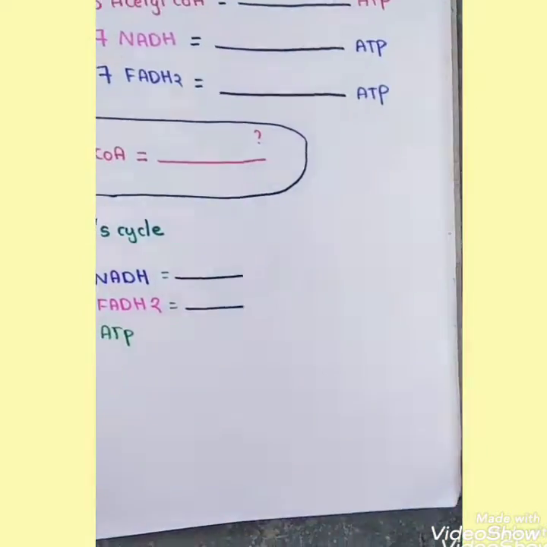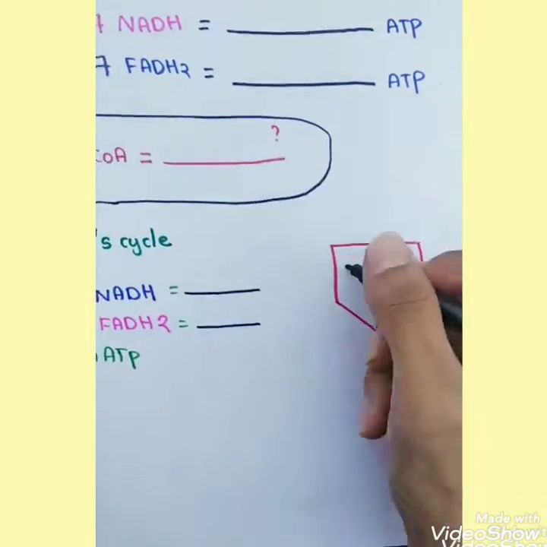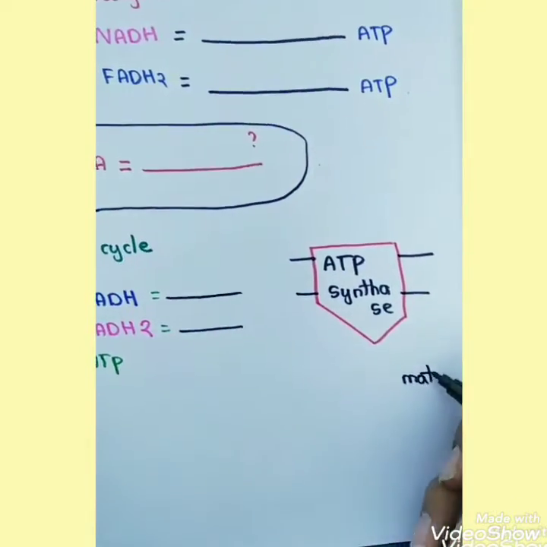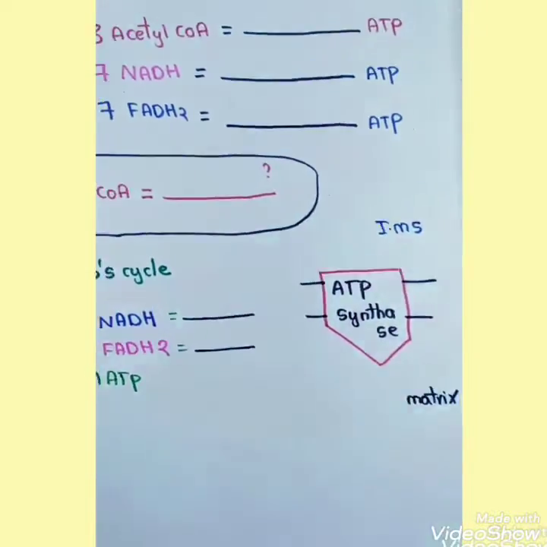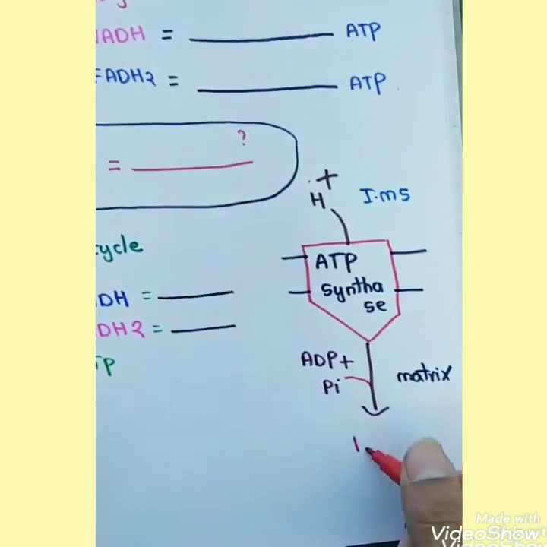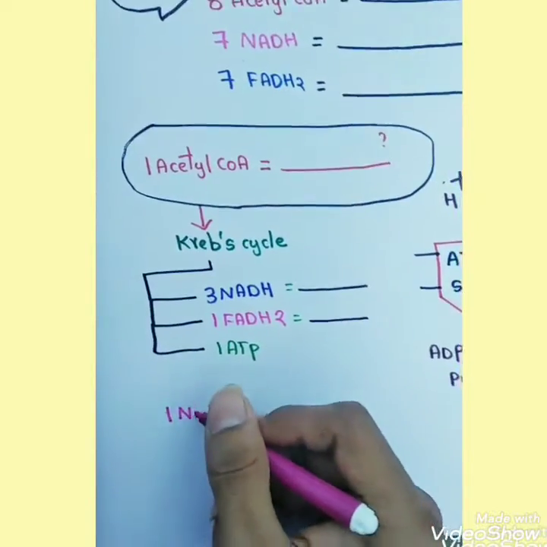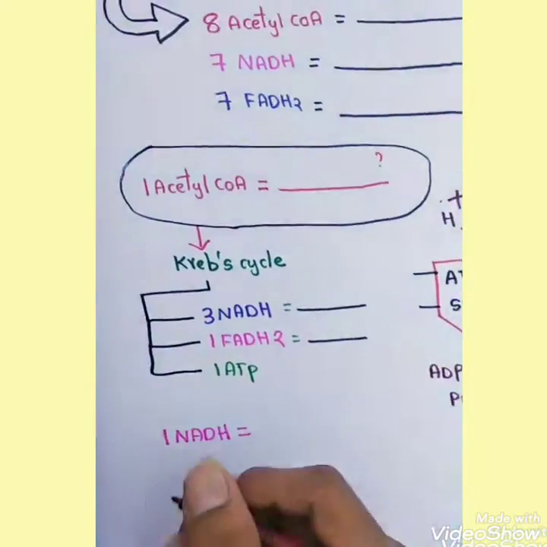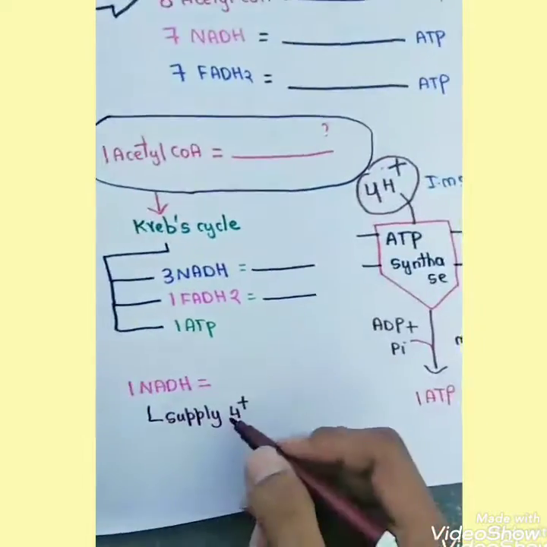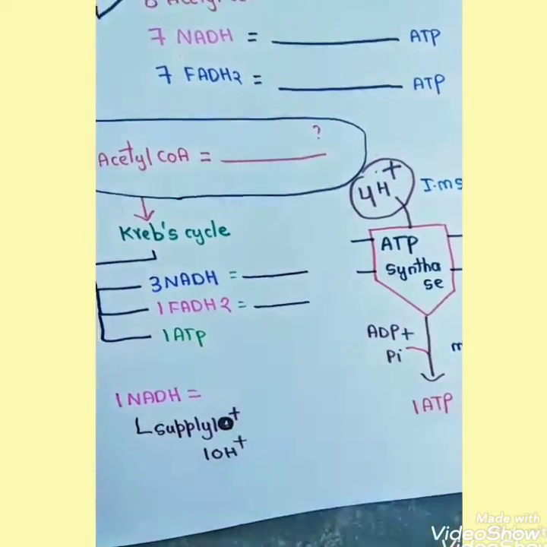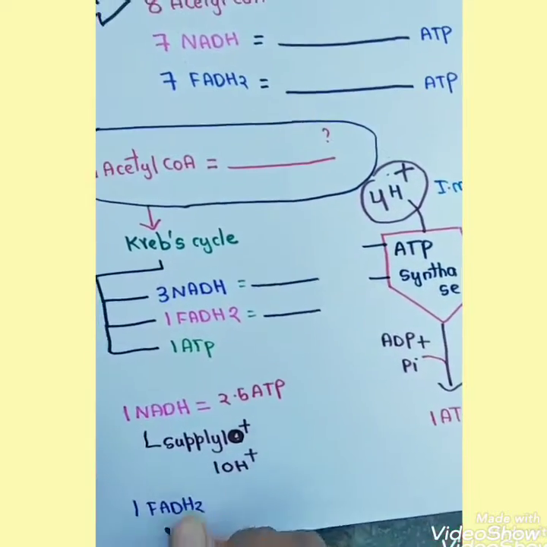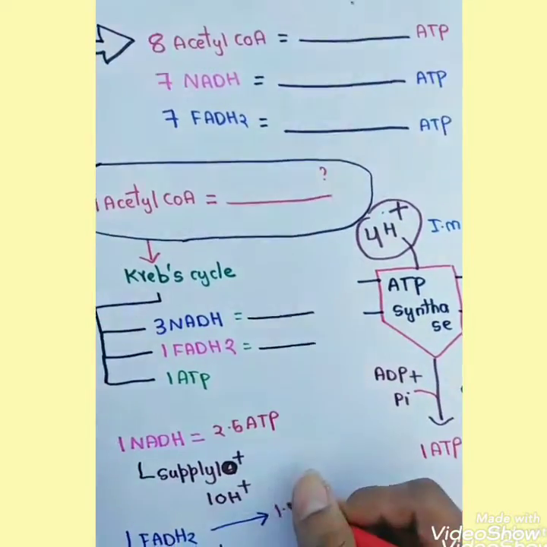To know how many ATP molecules they all yield, remember, the ATP synthase in the inner mitochondrial membrane can pump 4 protons from the periplasmic space to yield 1 ATP. So if 1 NADH supplies approximately 10 protons, then 1 NADH can yield approximately 2.5 ATP, and 1 FADH2 can yield 1.5 ATP.